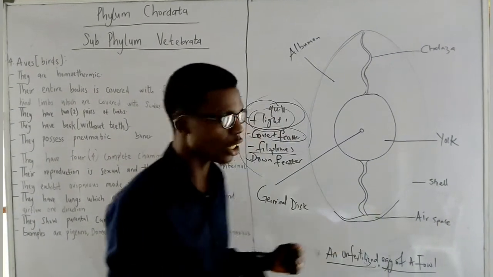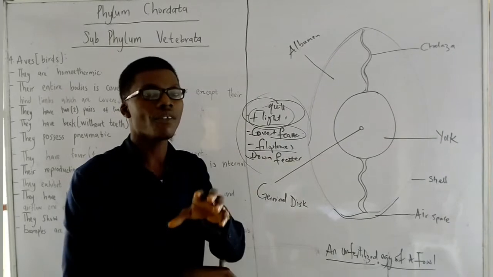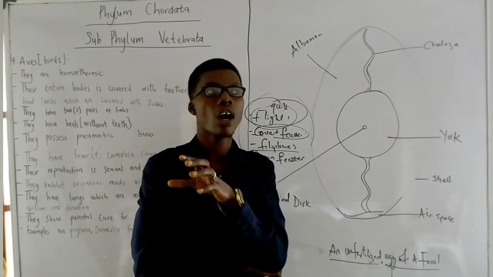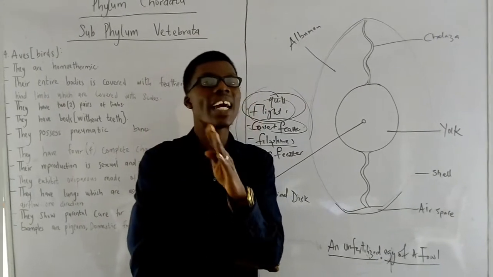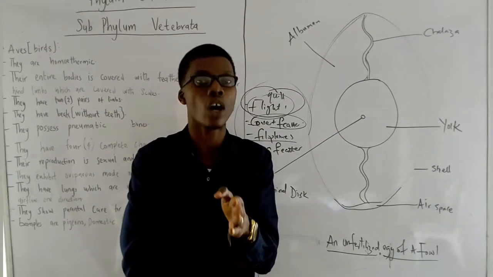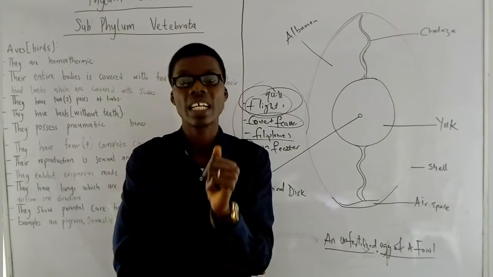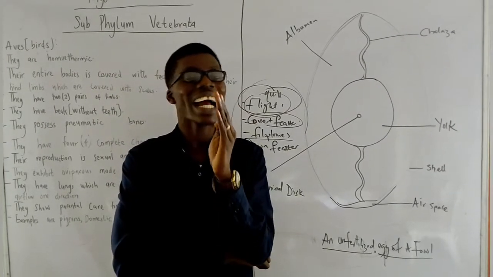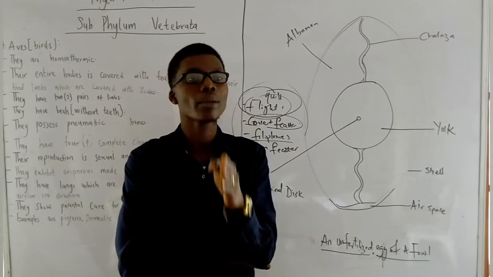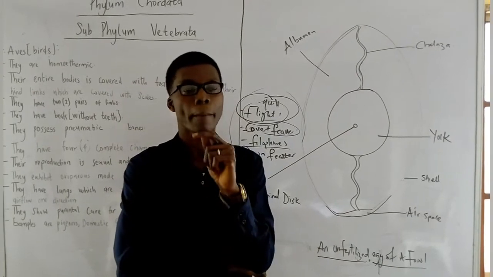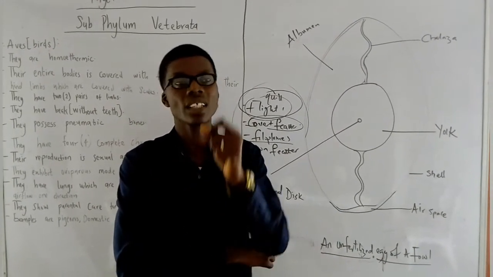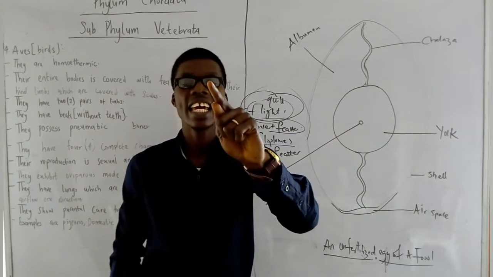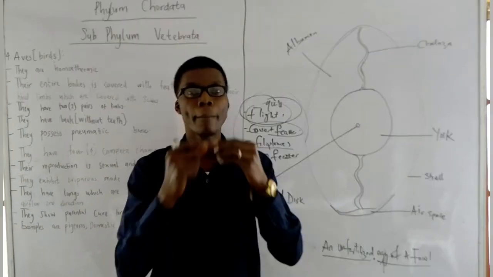Now let's quickly digress a little bit. The beak of a bird or of an ave varies based on what they feed on. For example, if a bird is a carnivore, the beak must be bent and curved. Once you can tell what a bird feeds on by looking at the beak.